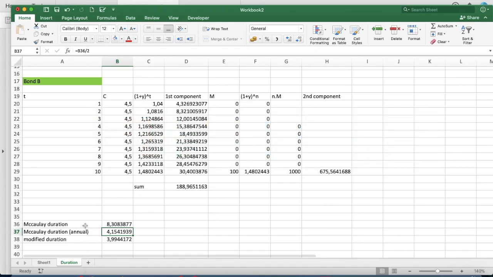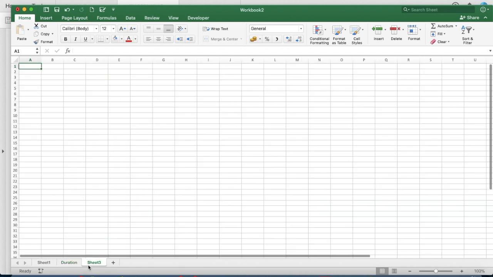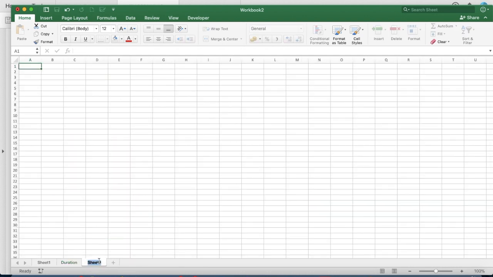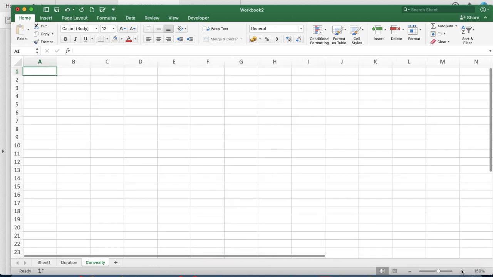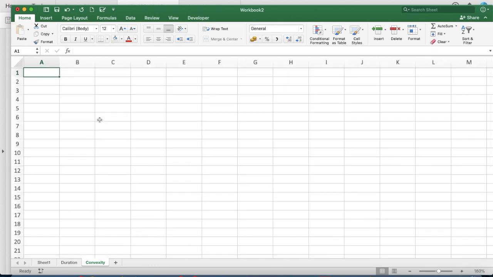Let's open a new sheet and name it convexity. Let's zoom in. So we will start by doing the required task for bond A.